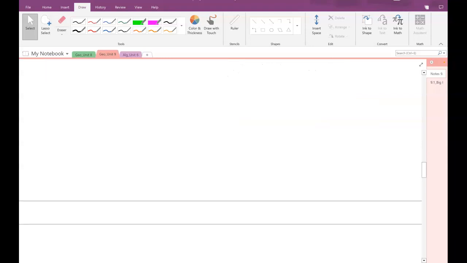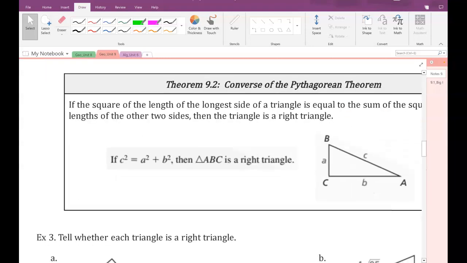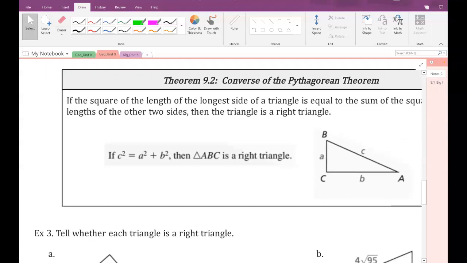All right. If you flip to the back, the first thing I put on there was just the converse of the Pythagorean theorem. So remember, a converse, we're going in the opposite direction. Here, we're starting with the fact we're saying, well, if c squared is equal to a squared plus b squared, then we can conclude our triangle is a right triangle. So now we're given that this is true, and we're concluding it's a right triangle, not the opposite way around.